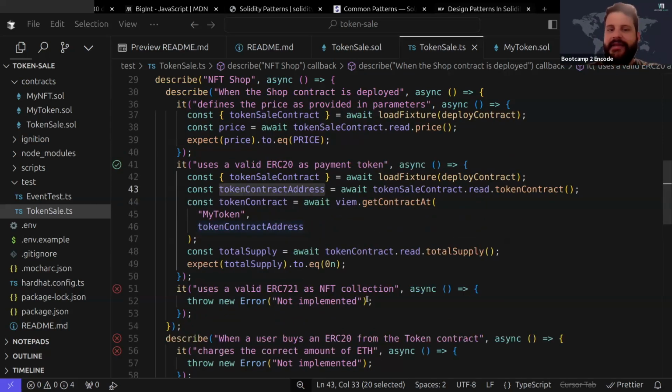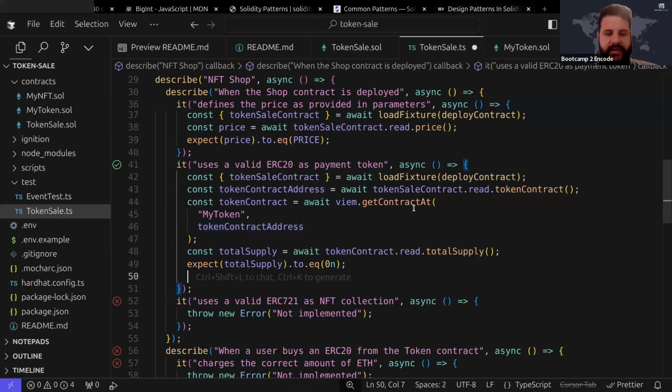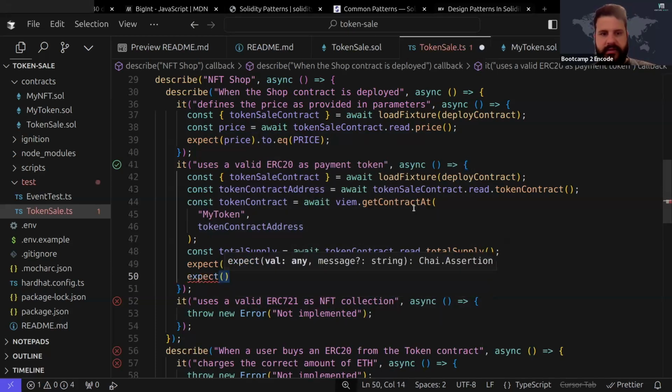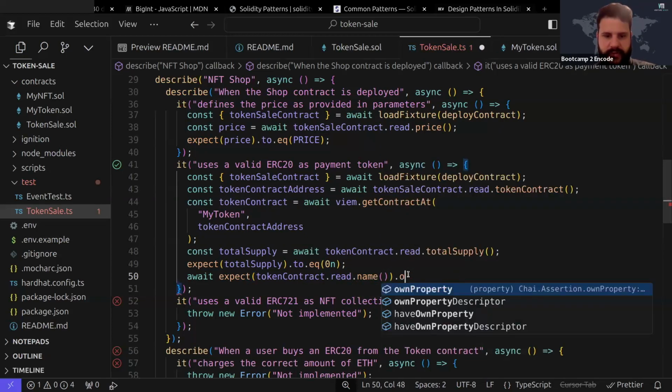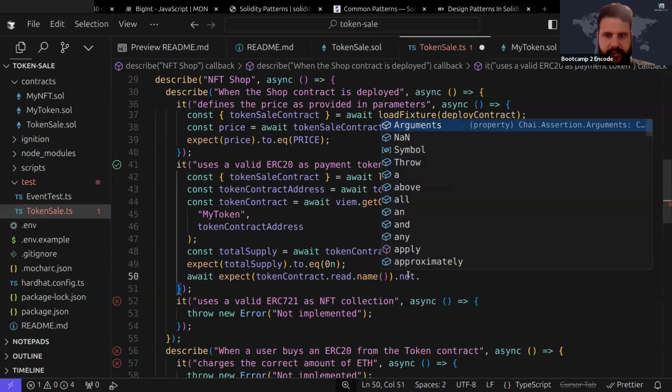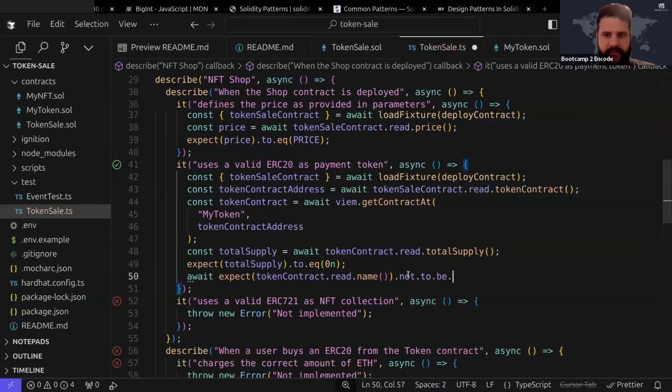Just out of curiosity, people, we could test all of those calls like this. await expect, tokenContract.name.read.name not to be reverted, rejected, something like this.